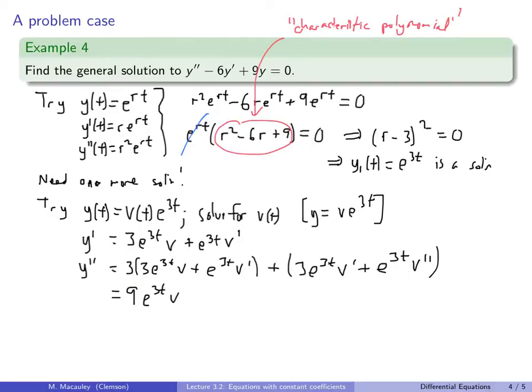So we have plus 6 e to the 3t v prime. And then how many v double primes do we have? We just have one of them. We have 1 times e to the 3t, plus e to the 3t v double prime.